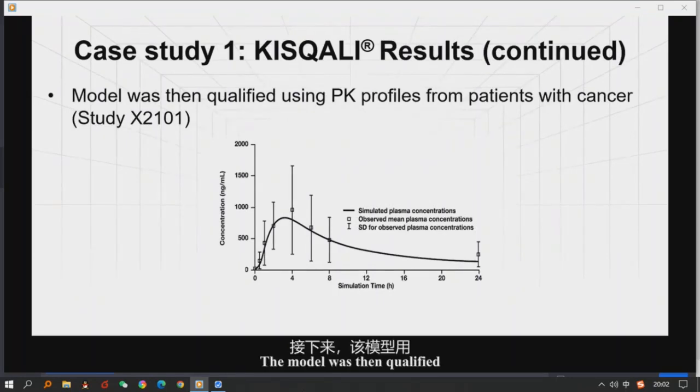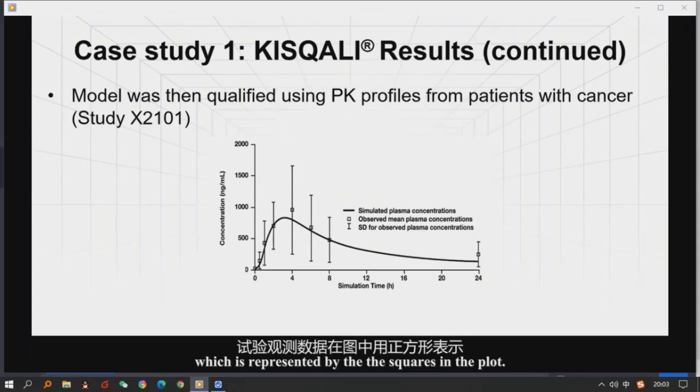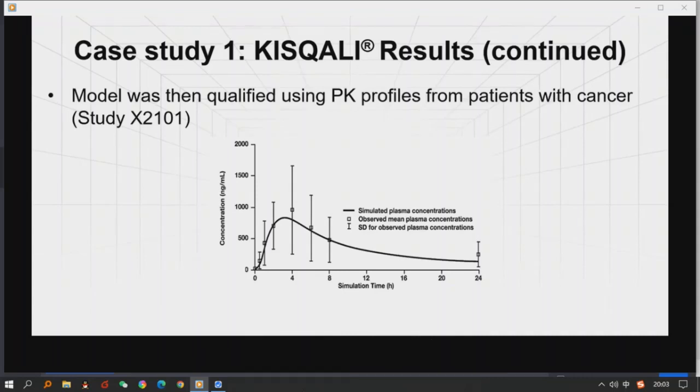The model was then qualified using PK profiles from patients with cancer in this subsequent study. And again, you can see the good prediction where the simulated plasma concentration, the solid line, passes very closely to the observed data, which is represented by the squares in the plot.